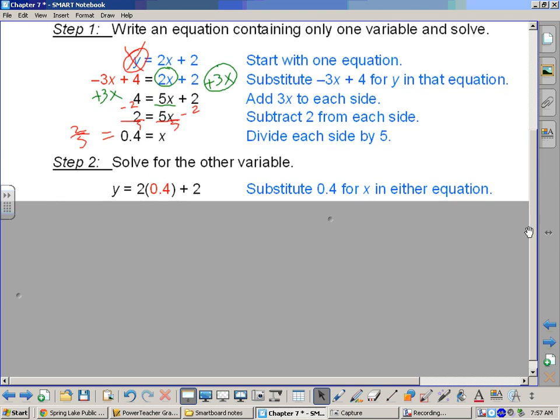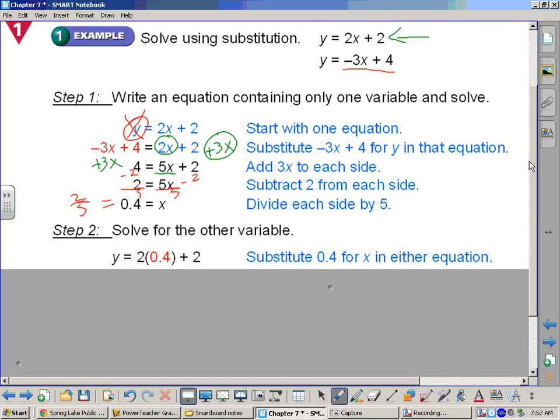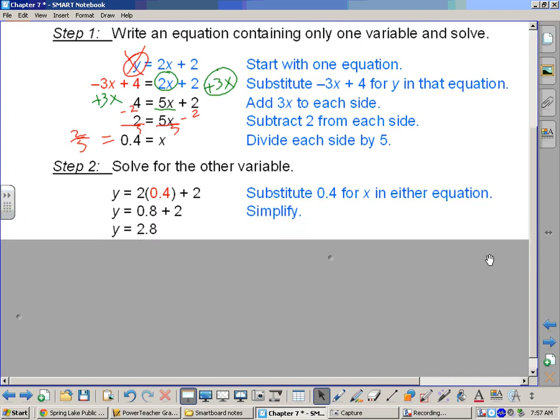So we're going to take and put 0.4, or if you want to leave it as a fraction, 2/5, in for x. This is just a substitution. So look up here at the equation. Right here for x, we're just going to put what we got for x. That was a number. And then we just calculate it out, and we get y equals 2.8.